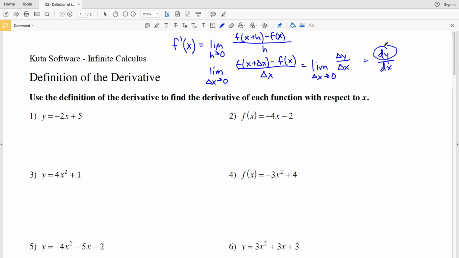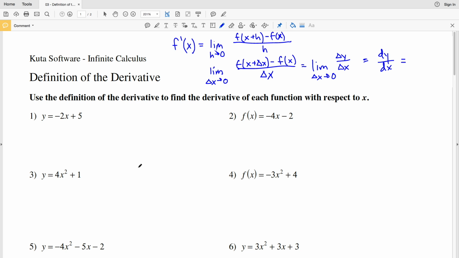So this is the derivative of y with respect to x. It's not dy divided by dx, it's just called dy dx. The derivative of y with respect to x. So that is going to equal f prime of x. It's just in a slightly different notation. And that difference is, as opposed to using h, we're using delta x. But those values are equivalent.